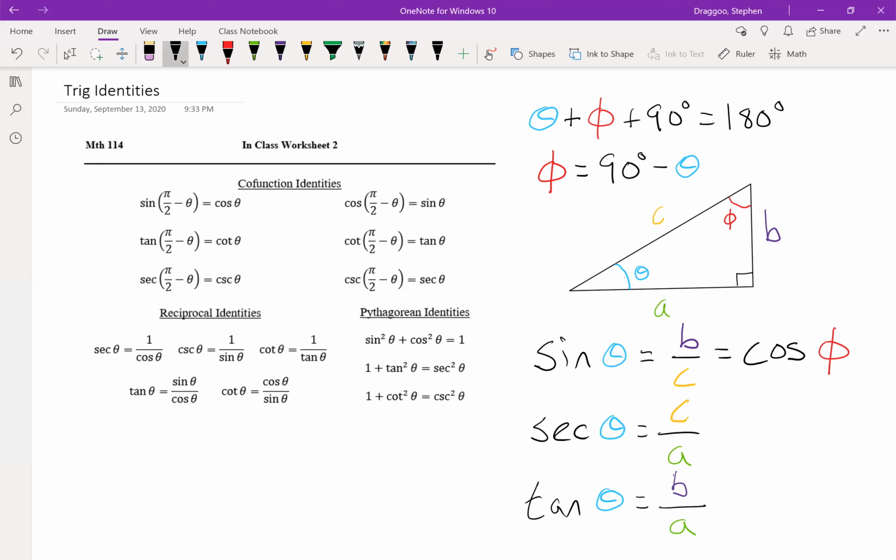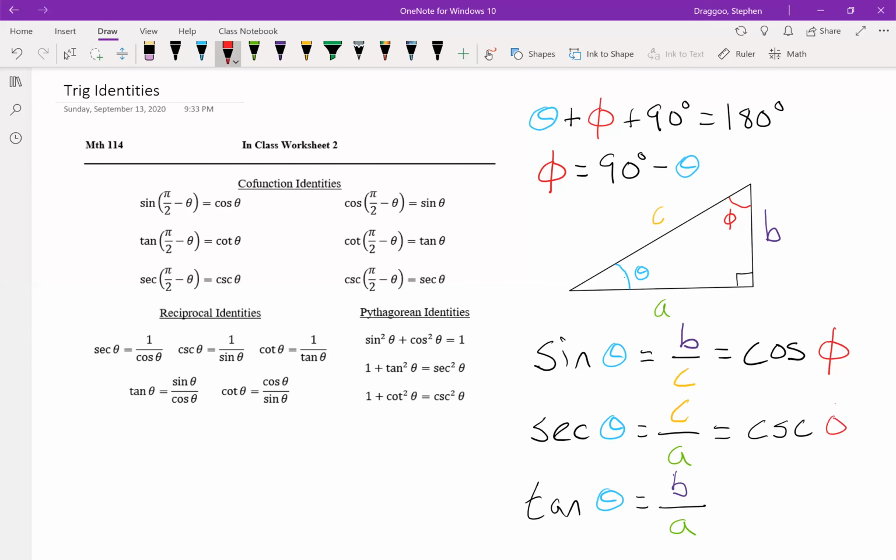I can look at similar things for these other two ratios as well. In relation to the red angle phi, c over a is the hypotenuse over the opposite side, meaning that this is actually cosecant of my red angle phi.